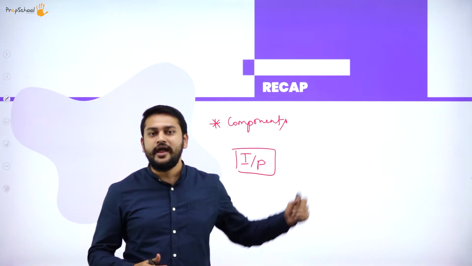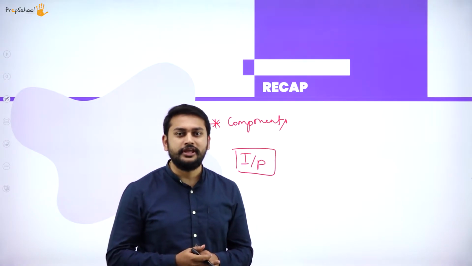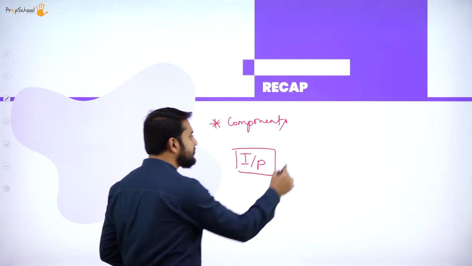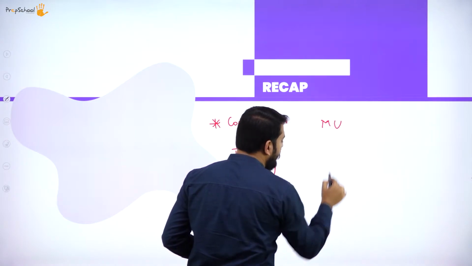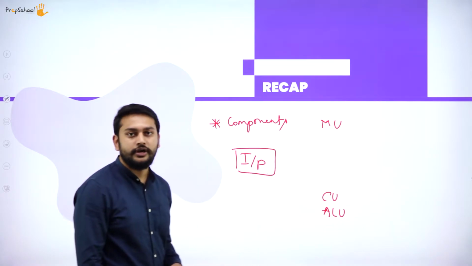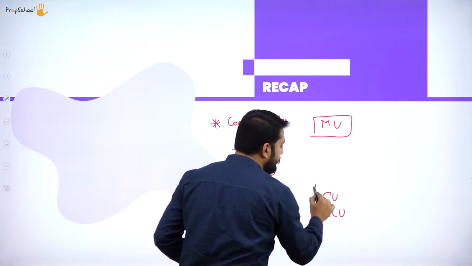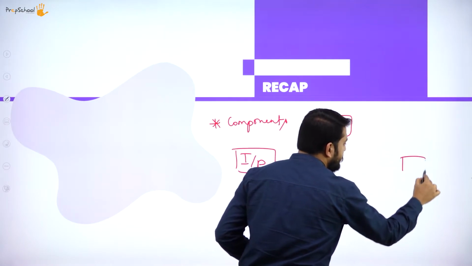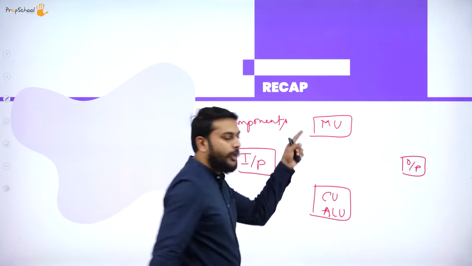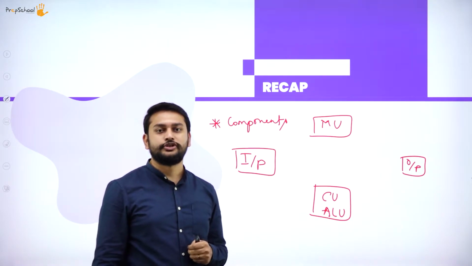In the same way, I have the output unit to manage all the output with the help of output devices, but please remember we have something in between. That is what I will call a memory unit, and we have control unit. Along with that, I have arithmetic logic unit. So altogether we have four different units. The first one is input and the second one is output, memory unit as well as control unit, along with that arithmetic logic unit.